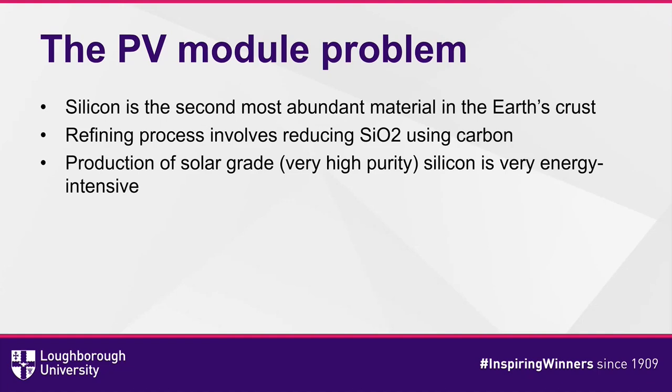So if we're talking about solar grade or very high purity silicon, the refining of the metallurgical silicon to that high grade is really quite energy intensive as well. That's typically done using a thing called the Siemens process, or a variation of the Siemens process. There are various other equivalent processes, but they all work in a fairly similar way.